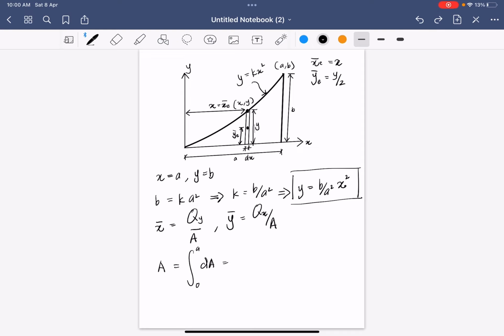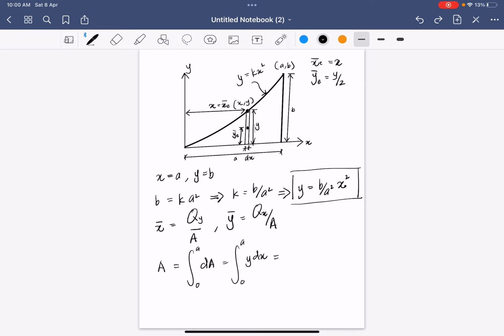So let's substitute that dA. So dA becomes y dx. The y now can be replaced by the equation that we have defined previously.